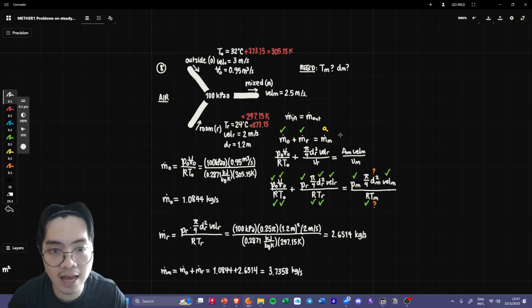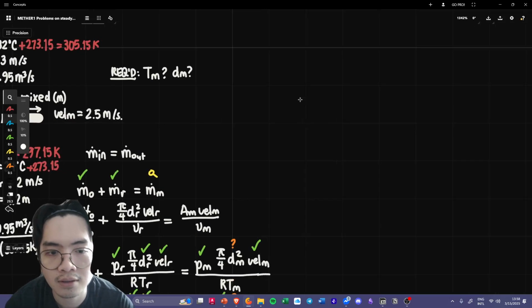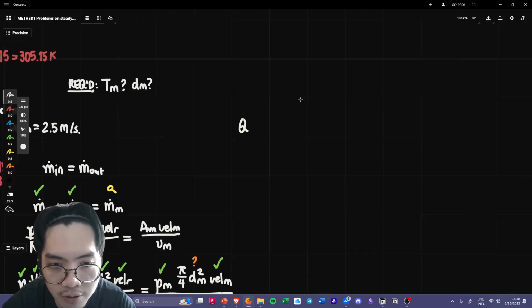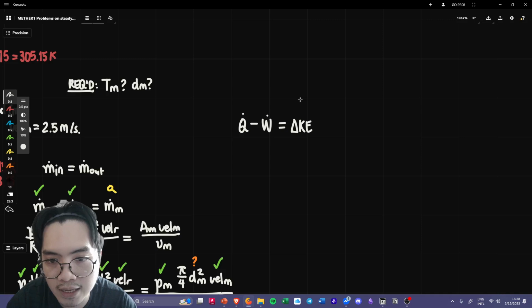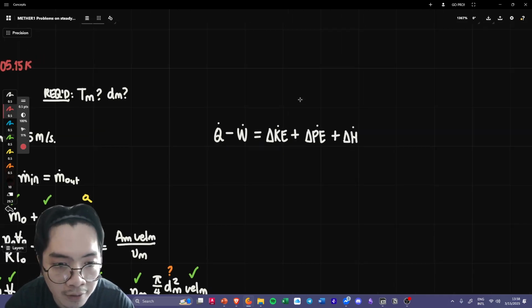So in this case, now I will tell you about the first law. How does the first law occur here? Q minus W is equal to delta KE plus delta PE plus delta H, dot, and again, no Q, no KE, no PE.